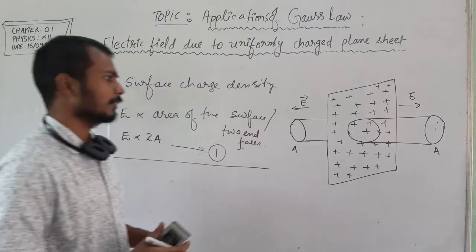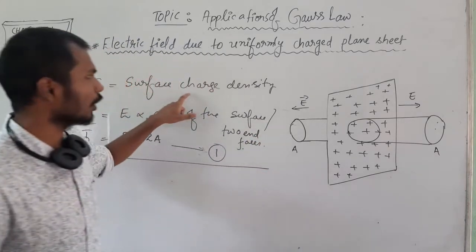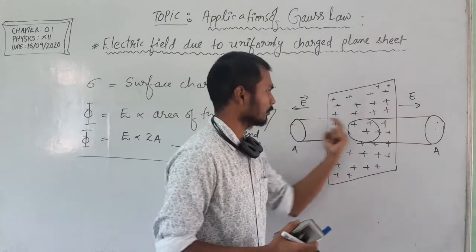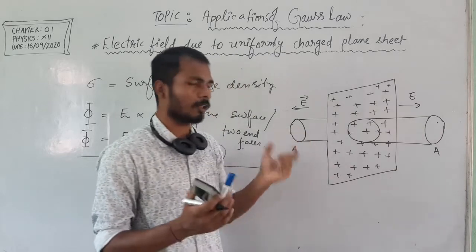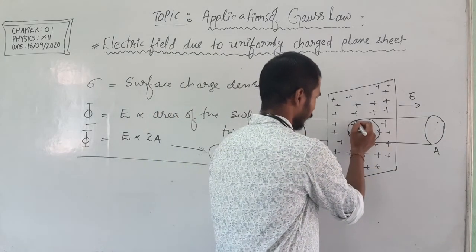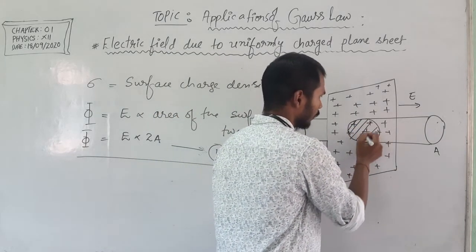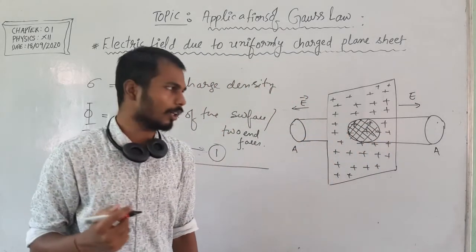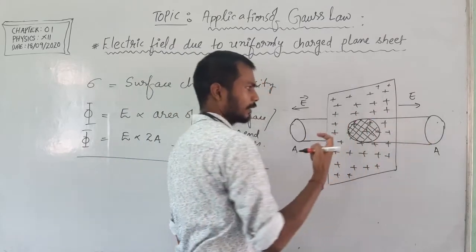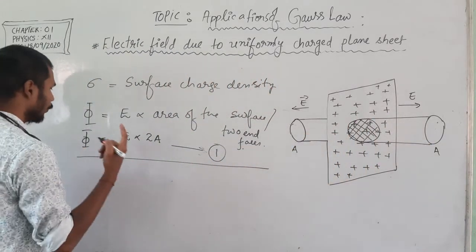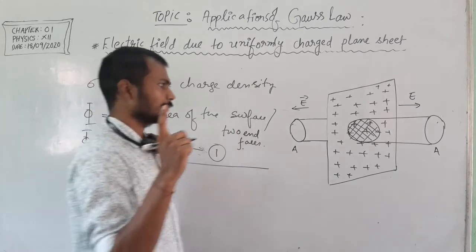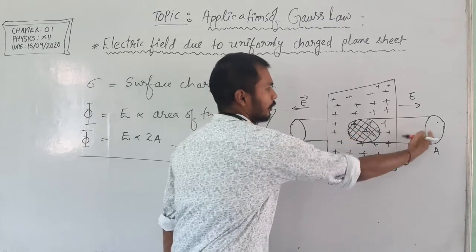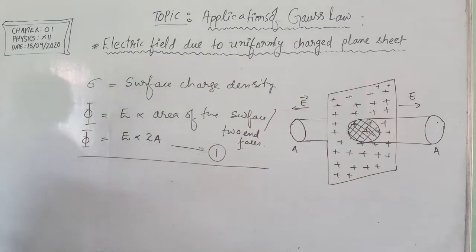Now let us consider sigma as the surface charge density. Then what is the charge enclosed by this surface? These two surfaces are enclosing some amount of charge in this part. We only need to calculate the charge from this surface, and it will be the same for the other, so we don't have to calculate twice.